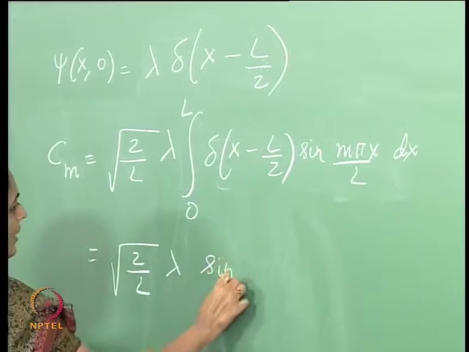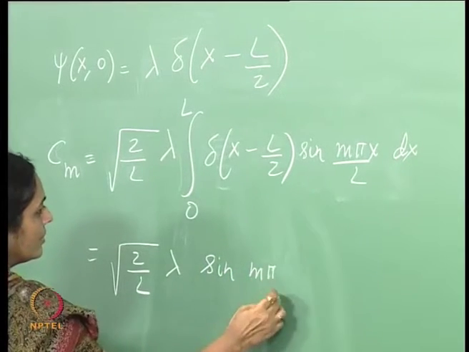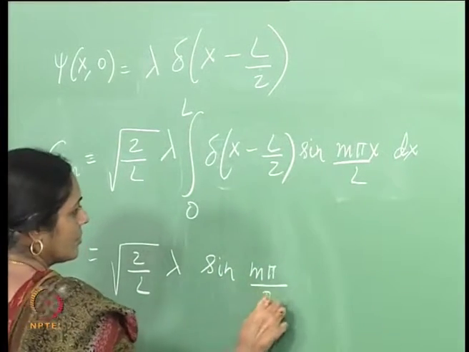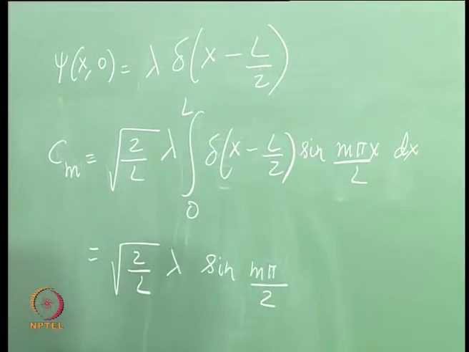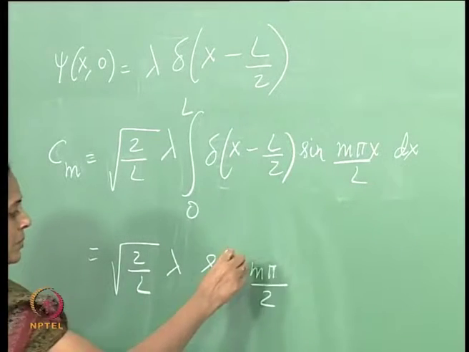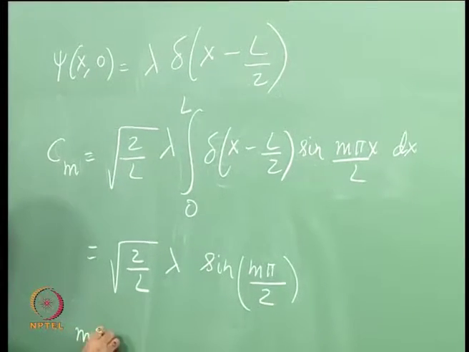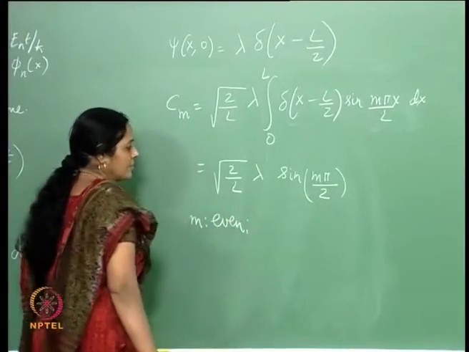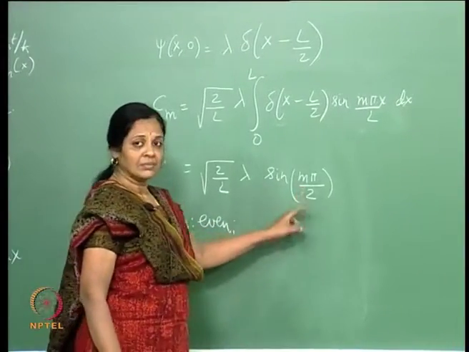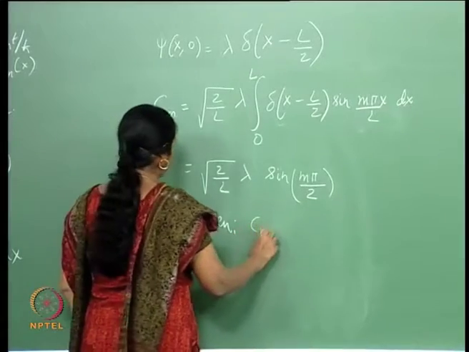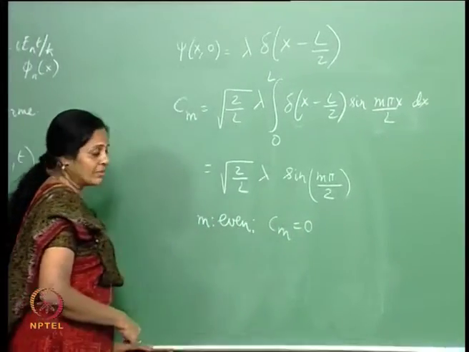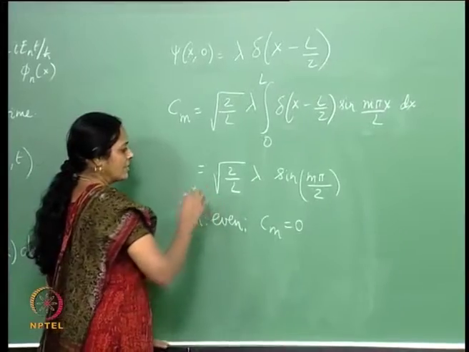This is simply sine m pi by 2, because I just replace x by L by 2. So, one thing is clear, if m is even, the Cm's vanish as before, and if m is odd, the Cm's survive.